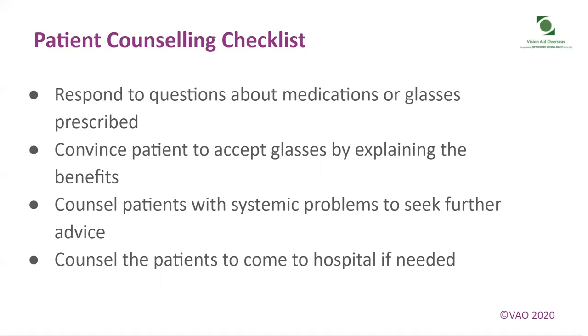By way of a checklist, the following counselling behaviours should be aimed for. Respond to any concerns or questions that the patient may have about medications or glasses prescribed. Convince the patient to accept the glasses prescribed by explaining the benefits and also the consequences of not wearing glasses.